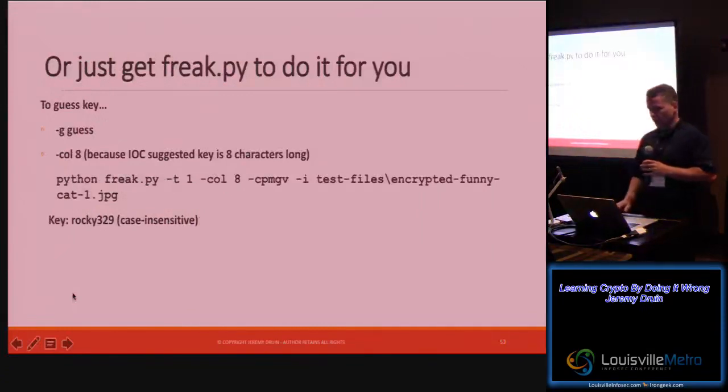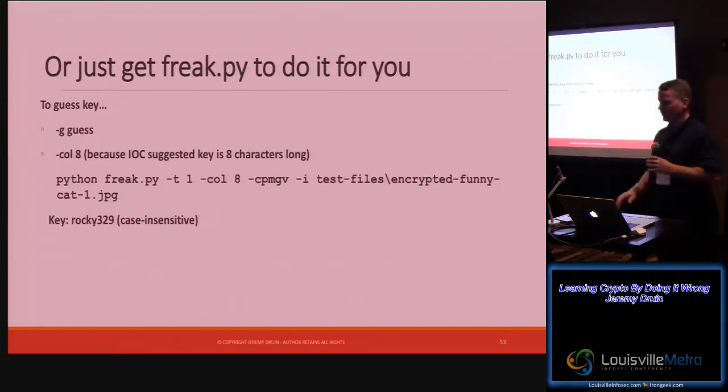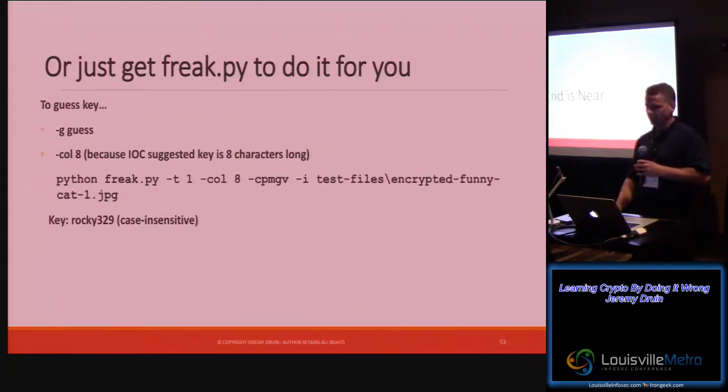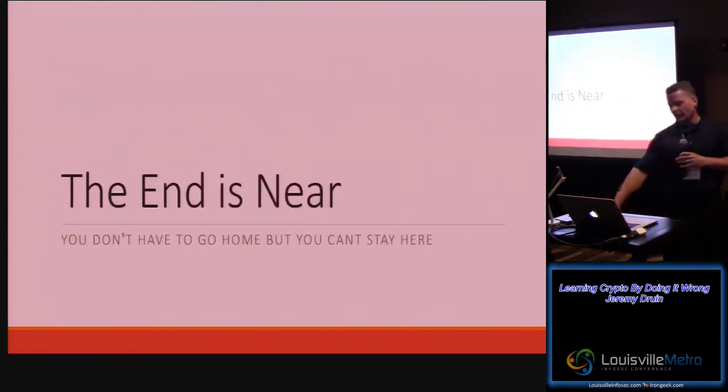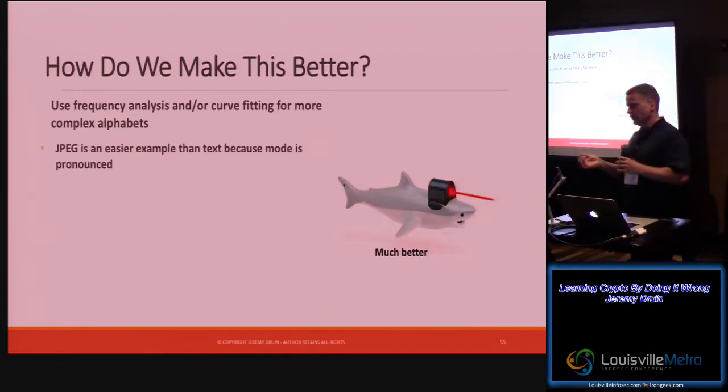All right, and then we saw this on the picture. Basically, this is the command to guess the columns, the key being the col command, to give it 8, obviously because we knew it was an 8-character password from our earlier analysis, and the G is guess. So how do we actually make this a little bit better? Well, JPEG is easy to break because it only has one mode.